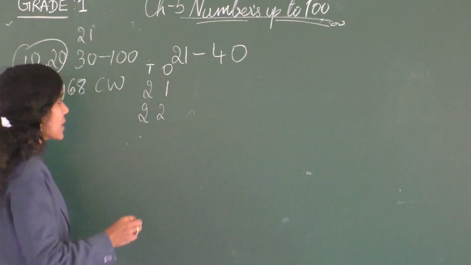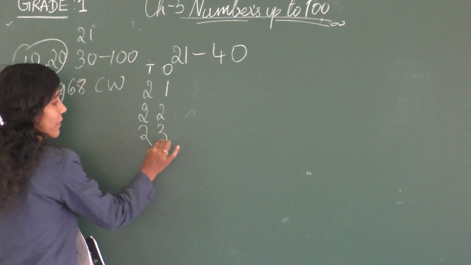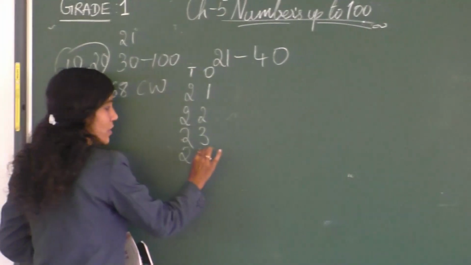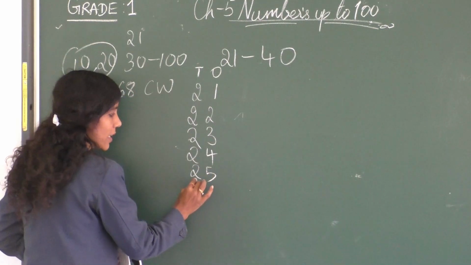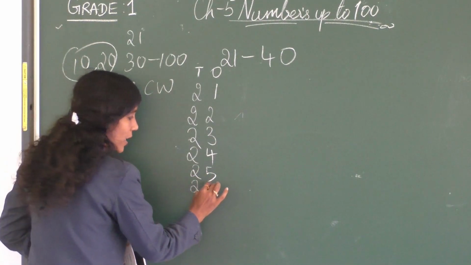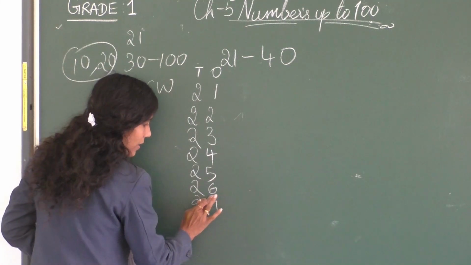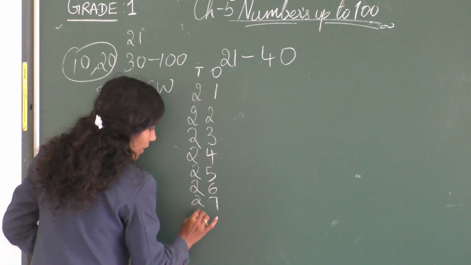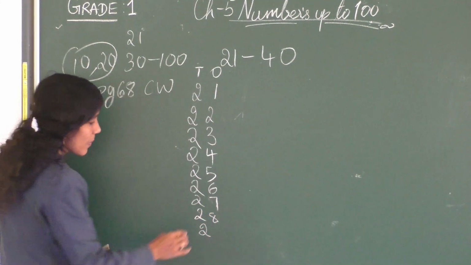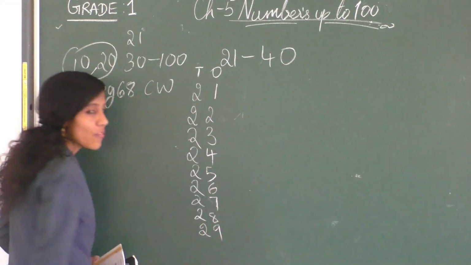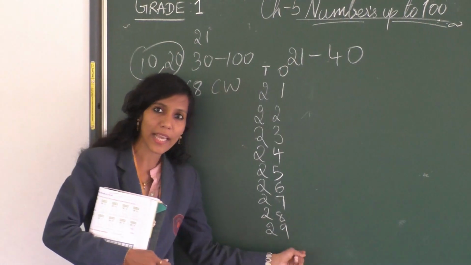Similarly it goes two bundles of 10, three ones; two bundles of 10, four ones; five ones; six ones. This continues till we reach 9, that is two bundles of tens and nine ones.